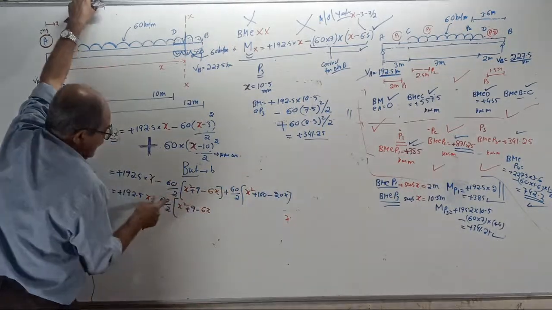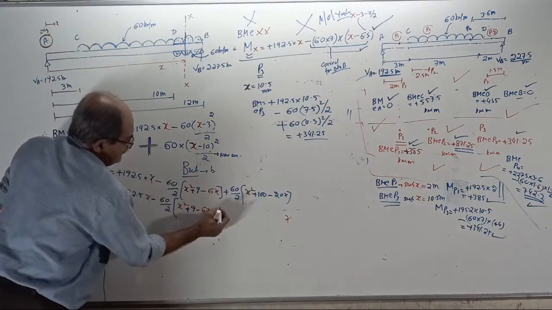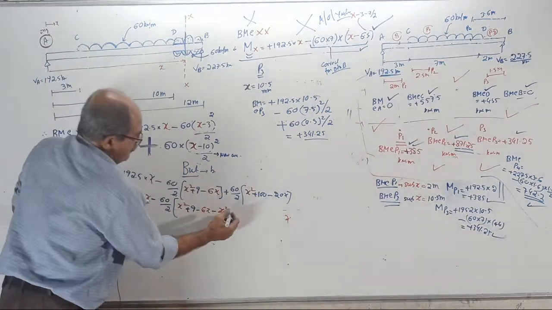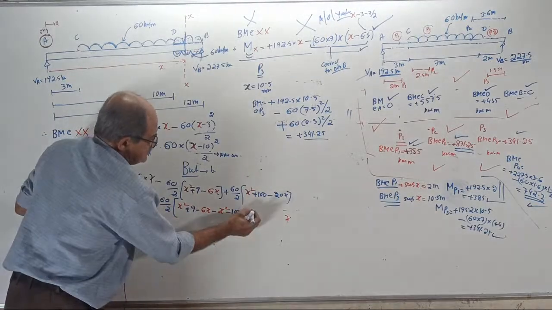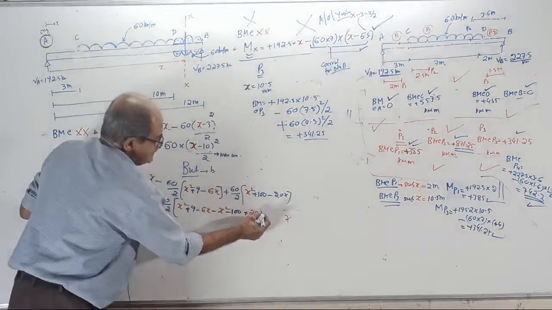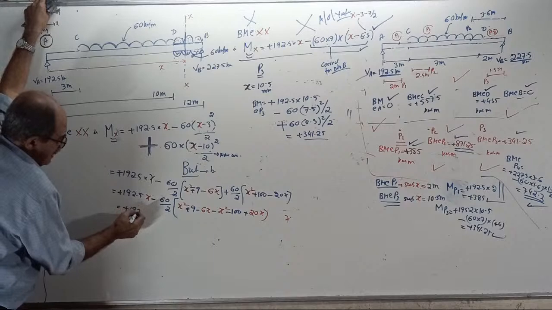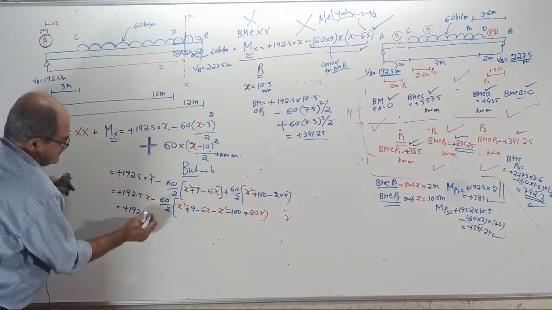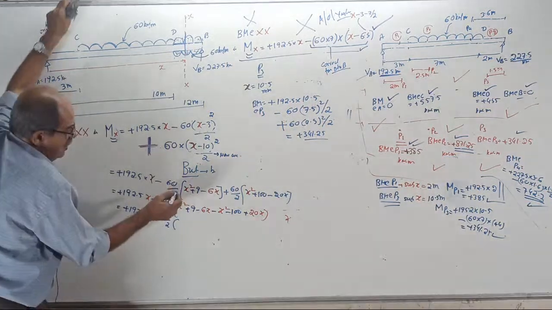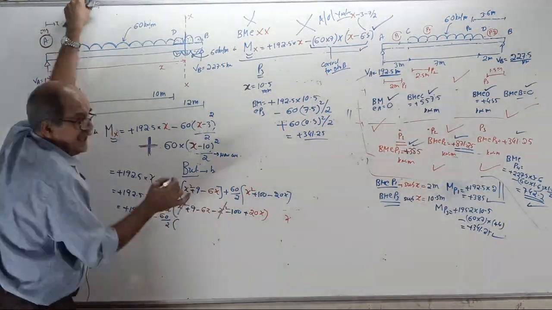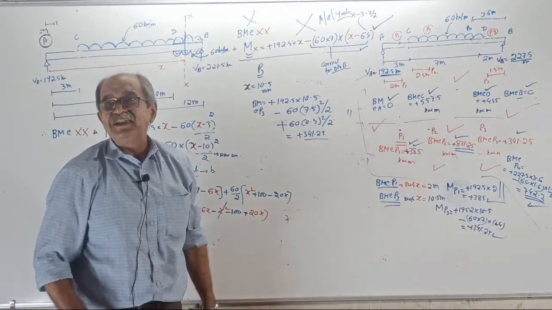Then I am taking minus 60 by 2 outside, so it will become minus x² minus 100 plus 20x. If I further substitute, it will become plus 192.5 into x minus 60 by 2 into x², and the parabolic variation cancels.